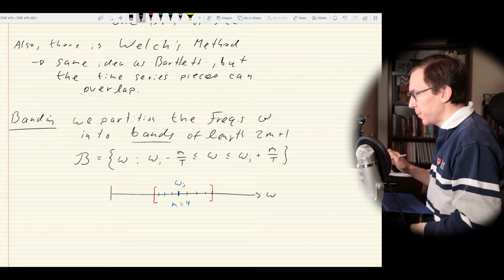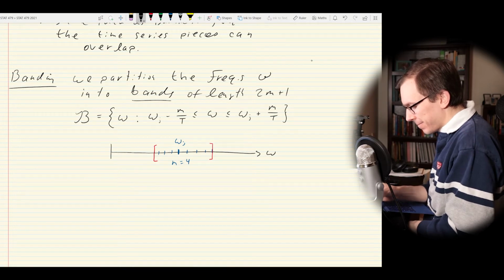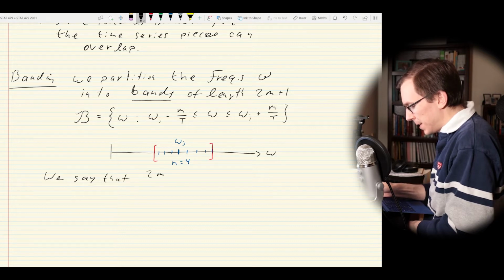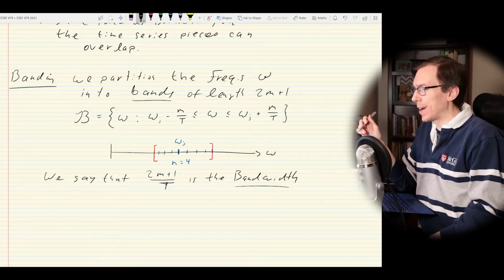All right, so what do we have? Well, we have some terminology. We say that 2m plus 1 divided by T is the bandwidth, which is a term that gets thrown around a lot.